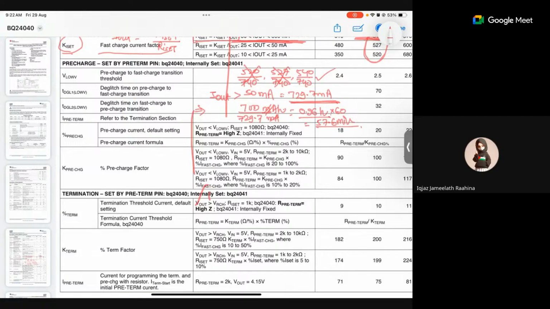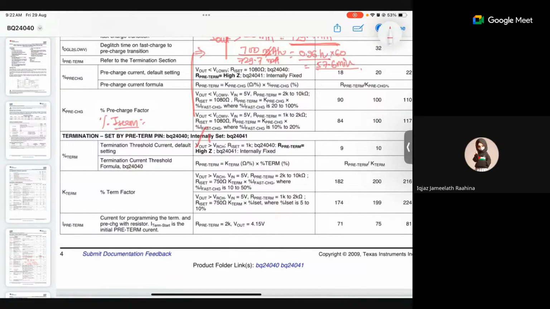So current come down is basically dependent on the percentage of termination. For the percentage term, if you see the formula here, R pre-term is equal to K pre-term multiplied by the percentage of term. So we are using this formula.